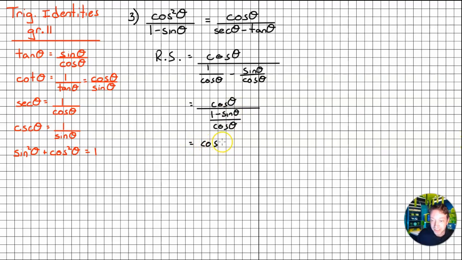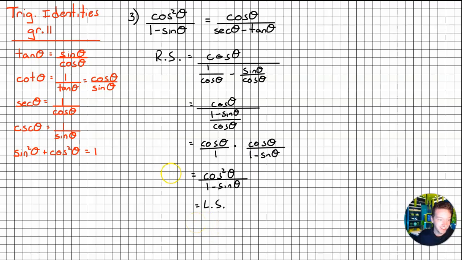So that leaves us with cos theta times, take the reciprocal of this fraction, so we'll have cos theta over 1 minus sine theta. Since this is just a fraction over 1, we can multiply those fractions to give us cos squared theta on the numerator, and on the denominator we have 1 minus sine theta, which is equal to the left side.